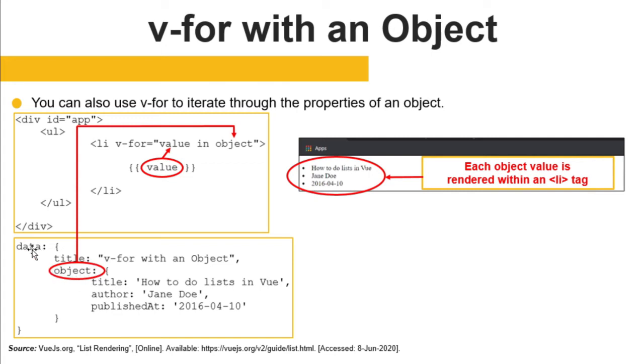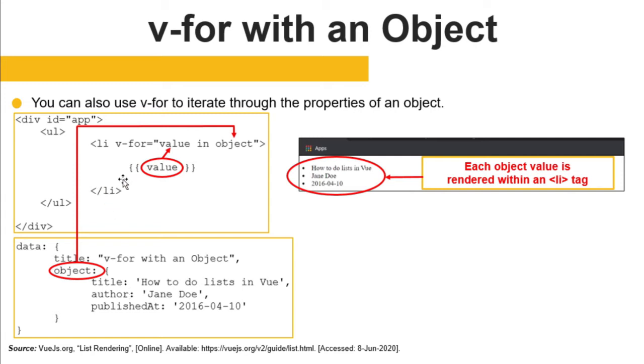Whenever the v-for directive iterates in this li element, it checks for the content of the object using an alias. In our case here, we use value as an alias for every object element, okay, starting from title. In our case, we use the value as the alias, which represents every value stored in the object.